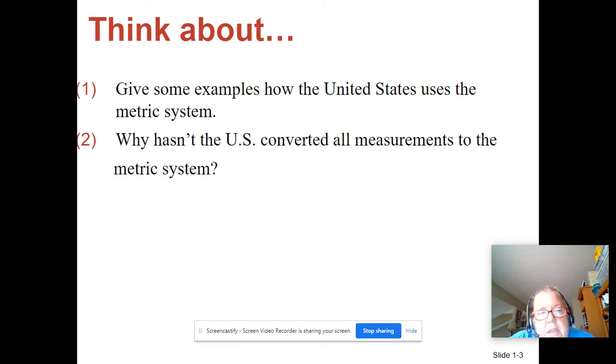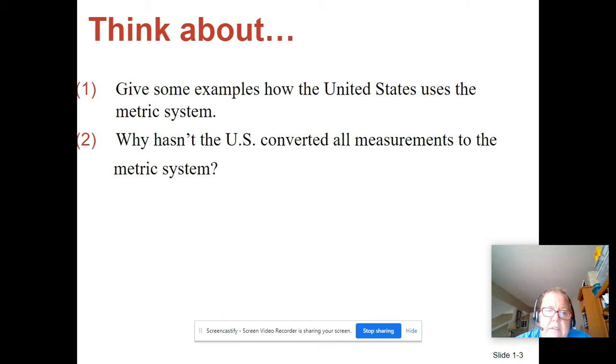When you think about the United States using the metric system, I think of swimming. You swim in meters, and track and field is also in meters, and these are for international events. I also think about when you buy soda or pop, like Coke. That's in liters. That's definitely the metric system.